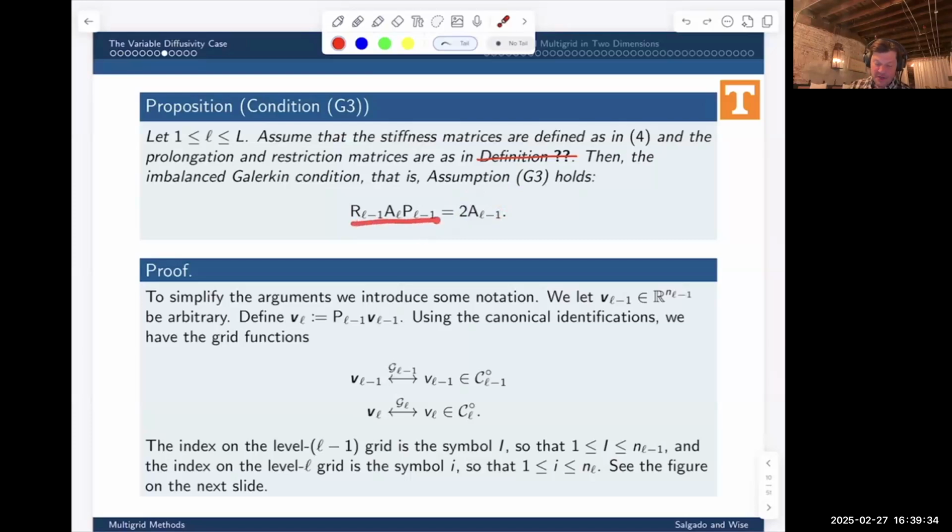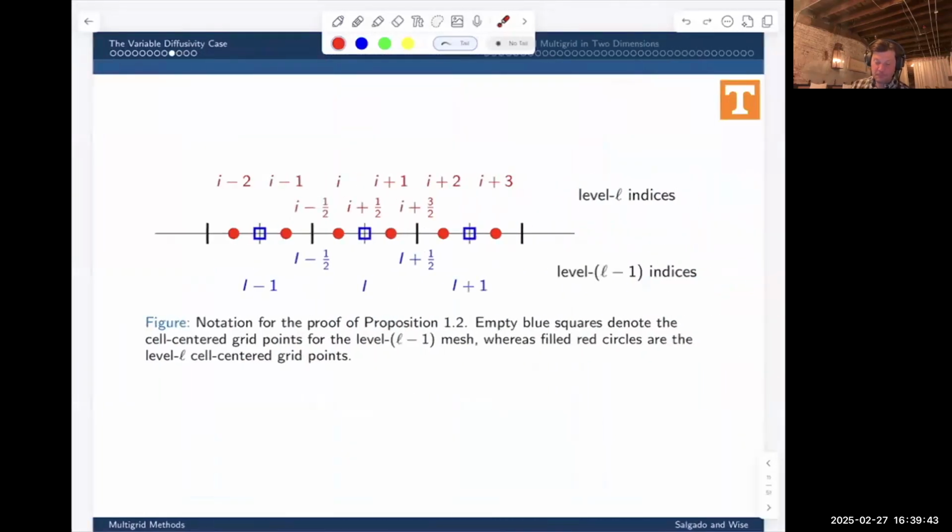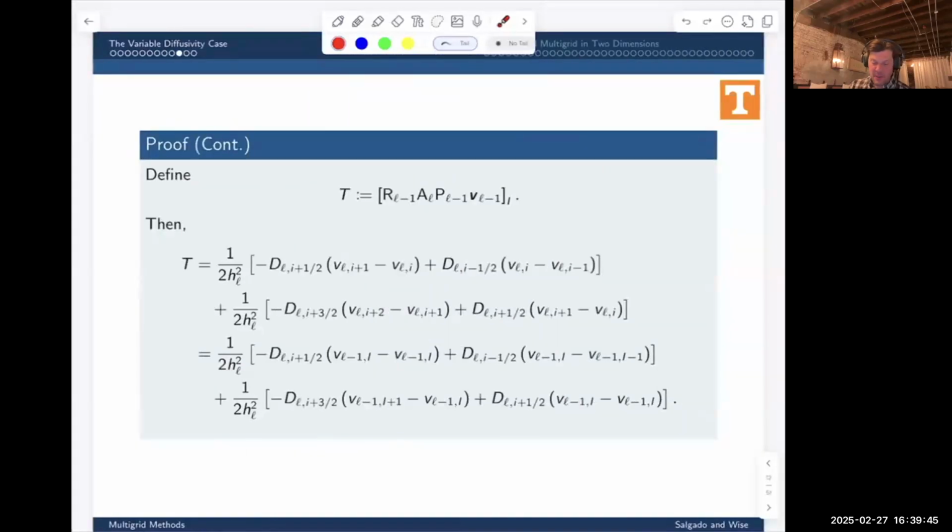These operations here can be related to operations on grid functions, as can this guy. So that's what I'm going to try to do. Let's look at what this operation on this vector looks like if I translate that into the grid function setting.